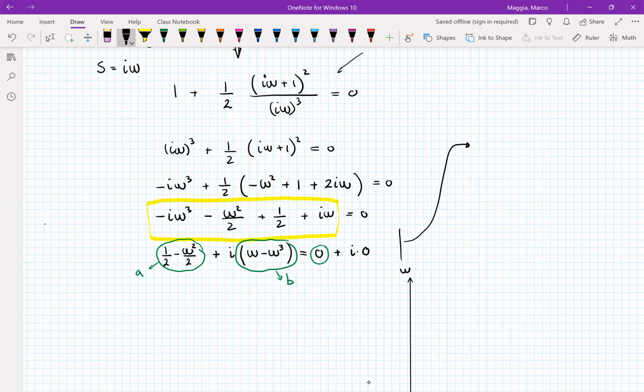Let's do it over here. So we have 1/2 minus omega squared over 2 equals 0, and then omega minus omega cubed equals 0. And of course, the values of omega that you find have to satisfy both equations.